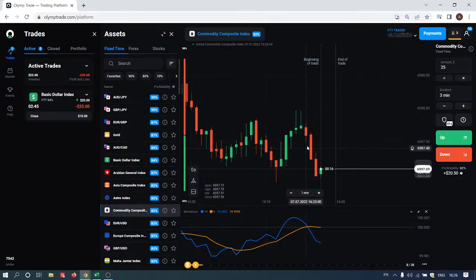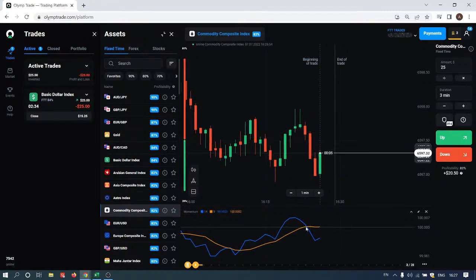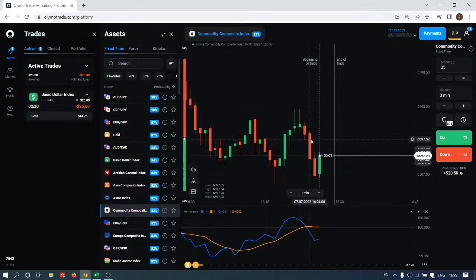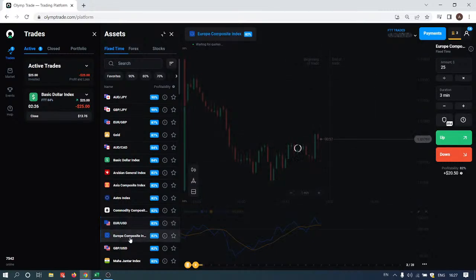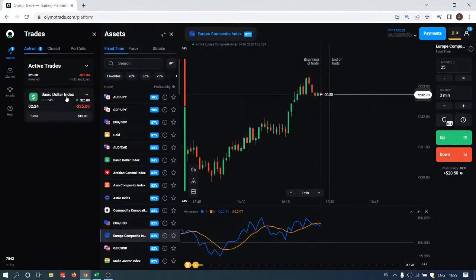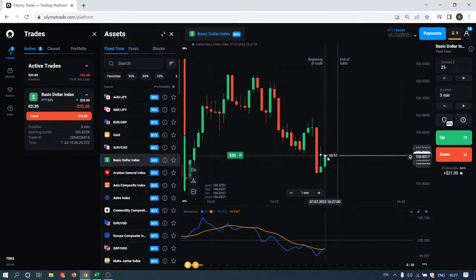I think this was a huge, well, this could have been a huge profitable trade here. Wow, what a signal. So the signal came here on this red candlestick when this blue line crossed the orange line in the downwards direction, and nice, nice. Of course I didn't profit off of this trade, but this is kind of a counter trend.